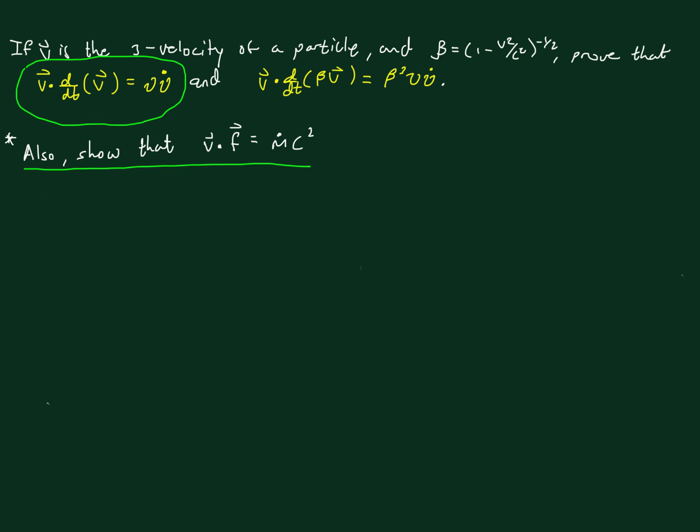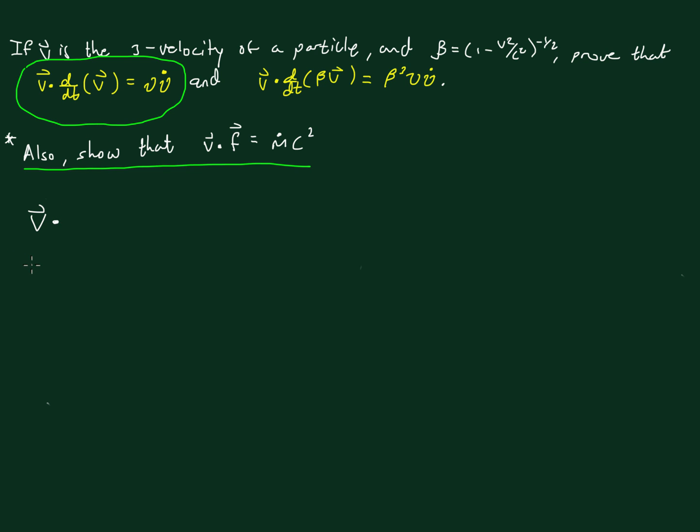Okay, so in the last video, the way we solved the first part of this problem was that, rather than taking the dot product between the free velocity and its time derivative, as it asks us to do over here, we took the dot product between the forward velocity, capital V, and its time derivative.